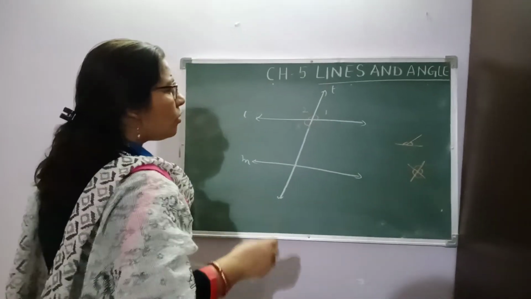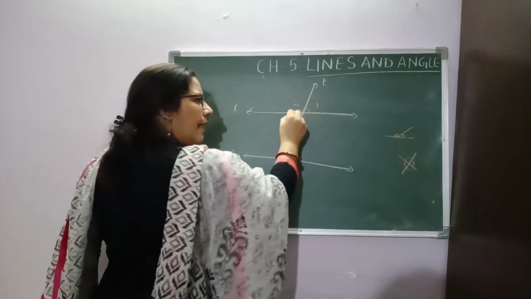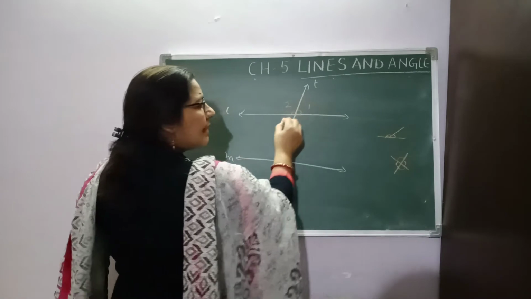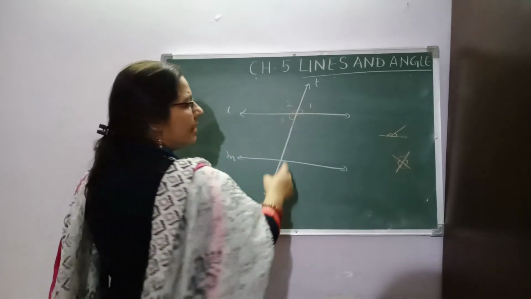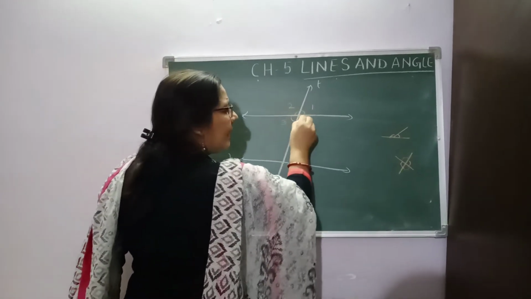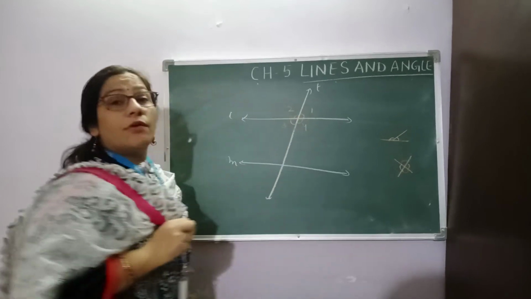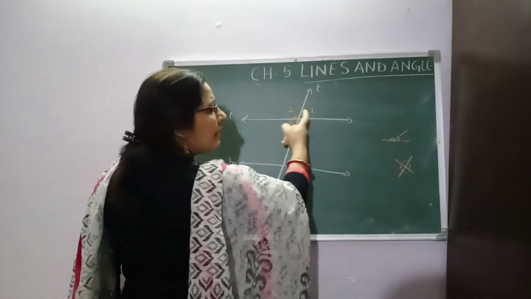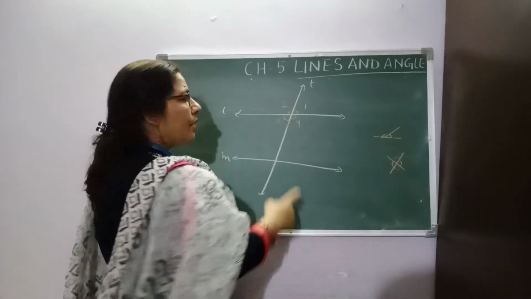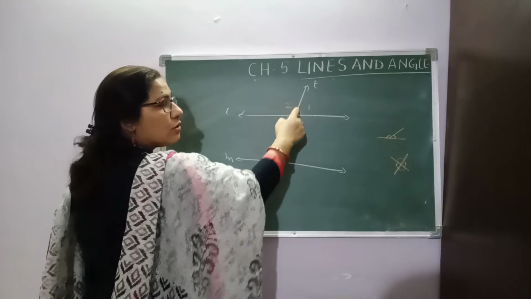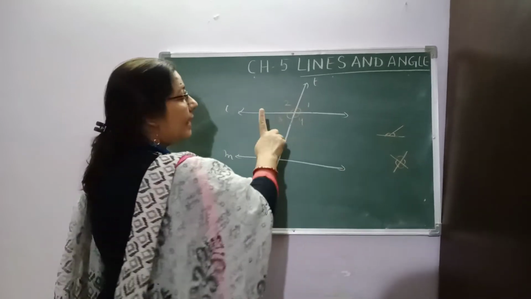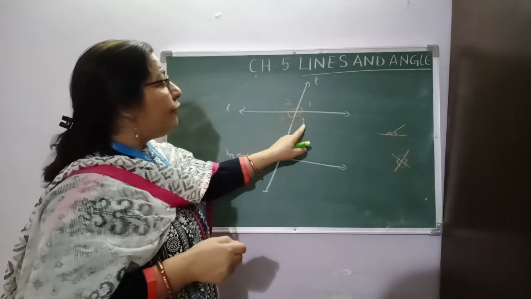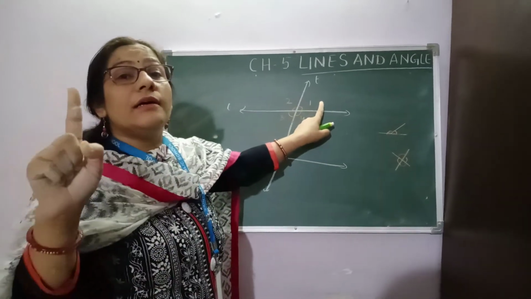If you look here, an X shape is formed. So angle 1 and angle 3 are vertically opposite angles. Similarly, angle 2 and angle 4 are also vertically opposite angles. Again, angle 1 and angle 2 are a linear pair. Angle 2 and angle 3 also create a linear pair. Angle 3 and angle 4 also create a linear pair. Angle 4 and angle 1 also create a linear pair.